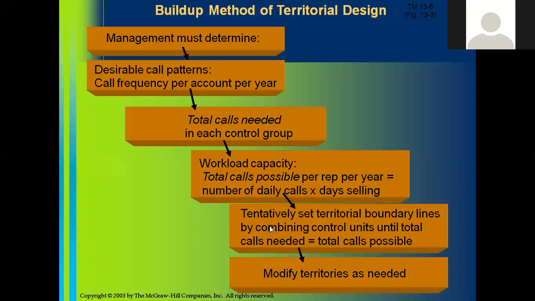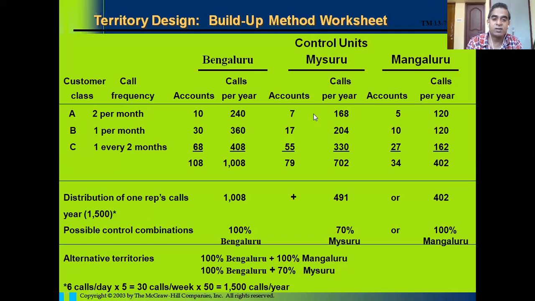So what are we going to learn? How to set territorial boundary lines by combining control units until total calls needed become equal to total calls possible, equal to 1,500 sales calls. This is the distribution of one rep's calls in a year.